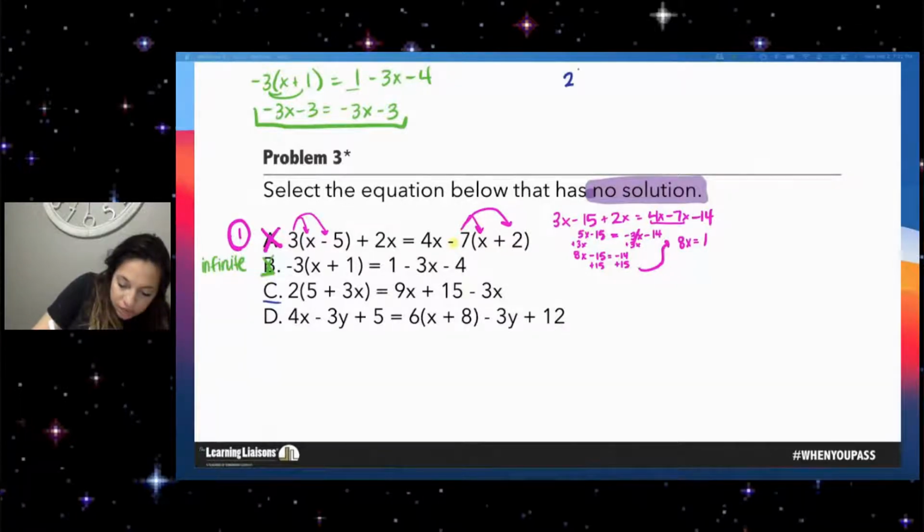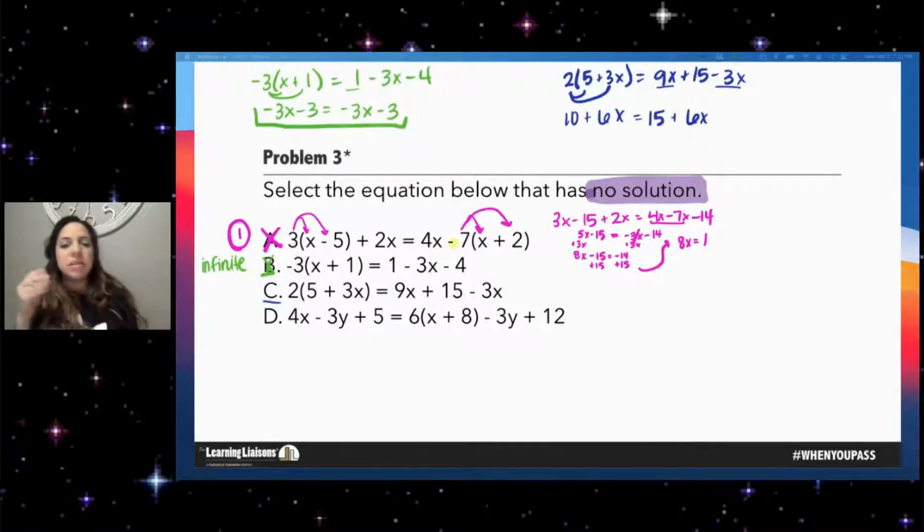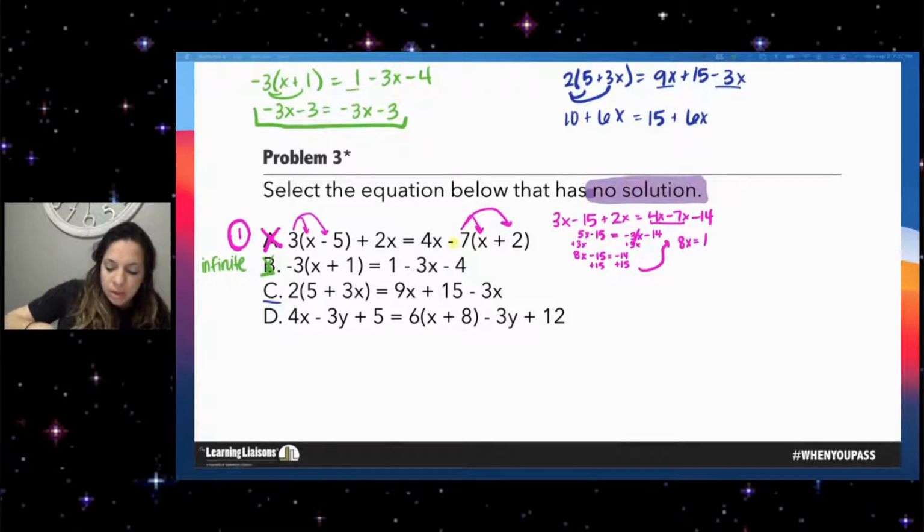2 times 5 plus 3x equals 9x plus 15 minus 3x. Distribute, and I get 10 plus 6x equals 9x minus 3x is 6x plus 15. And I kept the 6x's in the same spot just so I can compare these equations. Question, I want you to think about this.